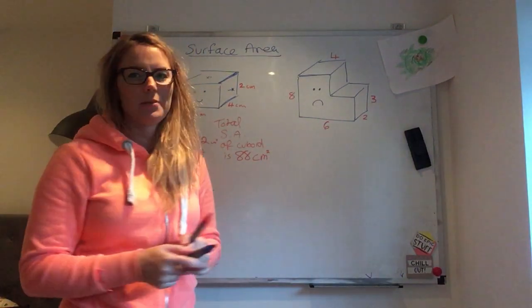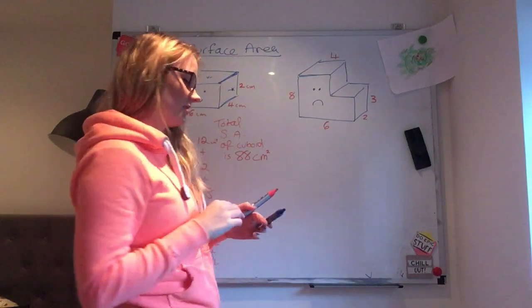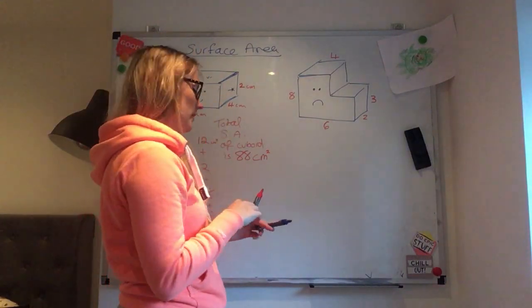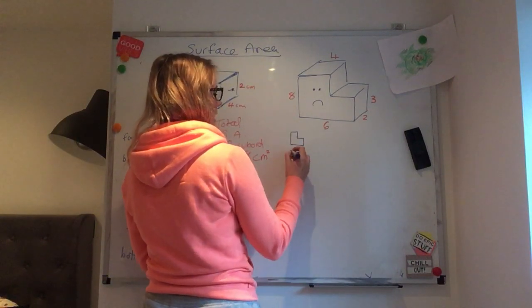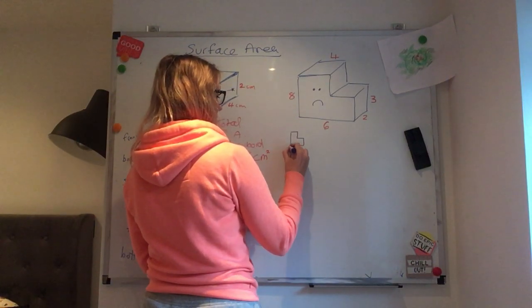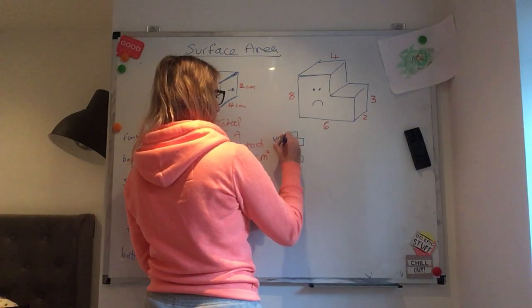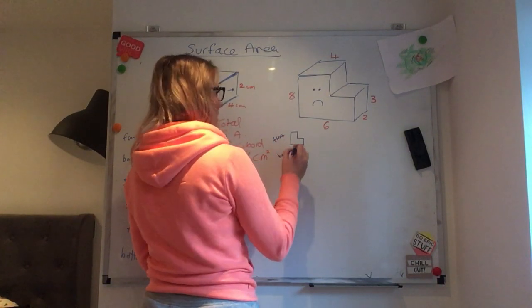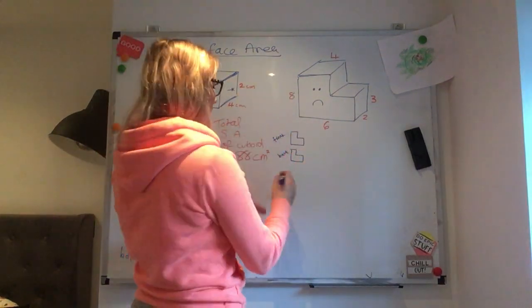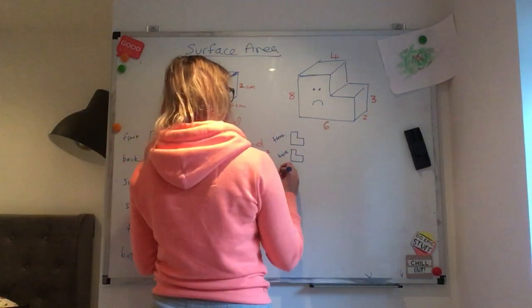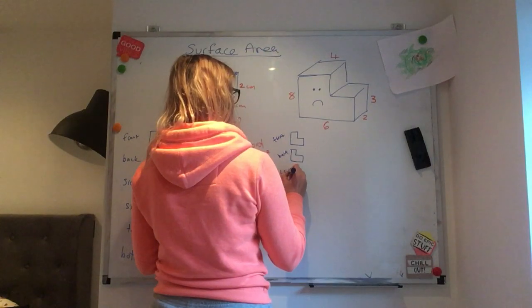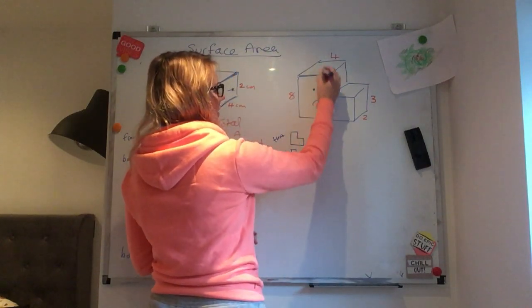So he's an L shape. He's just got more faces and sides. It's a bit more to think about. So I'm going to think about the front and the back. Front, back. I've also got this left hand side. So some people like to write it all out and then do all the sums. I've got this left side, which would be like a rectangle.